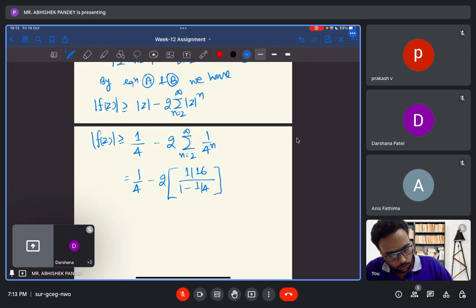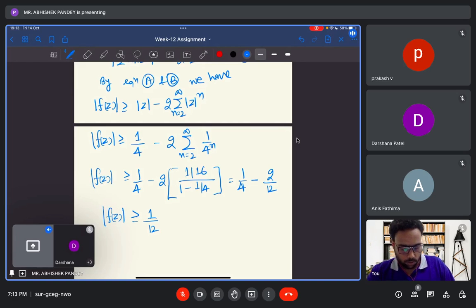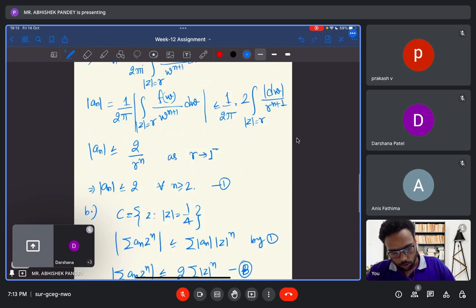So you will get 1 by 4 minus 2 upon 12, which gives 1 upon 12. So mod f(z) is greater than or equal to 1 by 12 on the circle. So option 2 is also true.